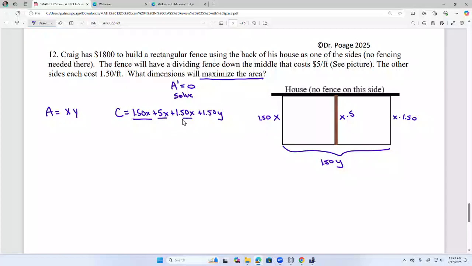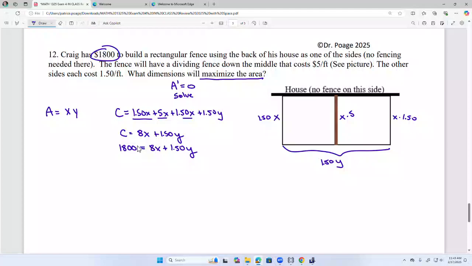Adding those three together, I get 8x plus $1.50y. I'm missing a number, so I go back and see what it is. He has $1,800, so that's my cost. So 1,800 equals 8x plus $1.50y.